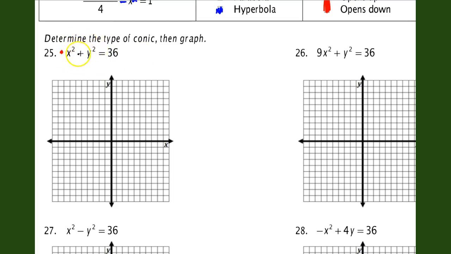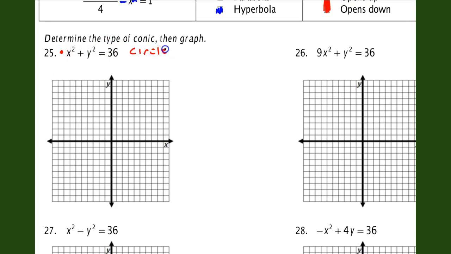Both are squared, but it's being added, so it's not a hyperbola, and it's not a parabola because they're both squared. That means this is either an ellipse or a circle. The difference is that the ellipse will usually have numbers underneath and will be equal to 1. If we have no numbers underneath the x or the y, and it's not equal to 1, we have a circle.